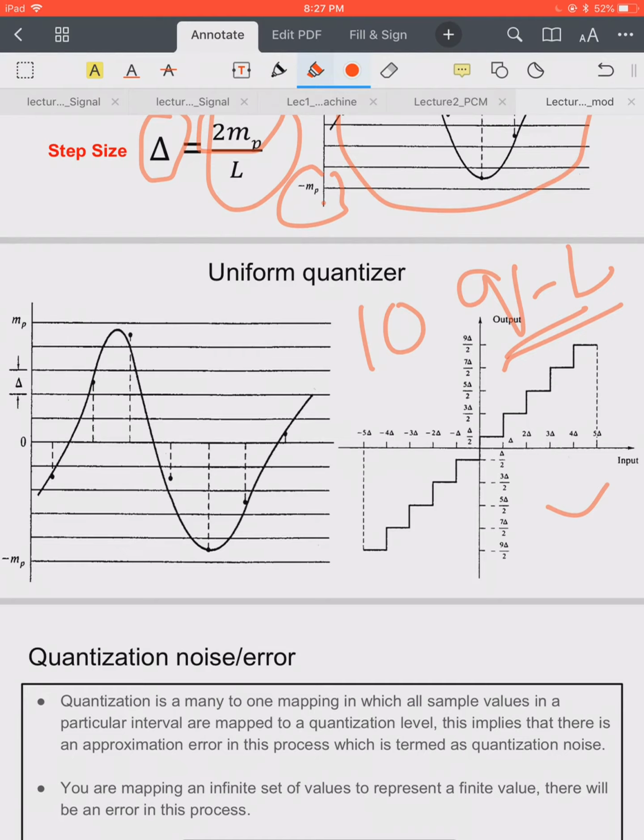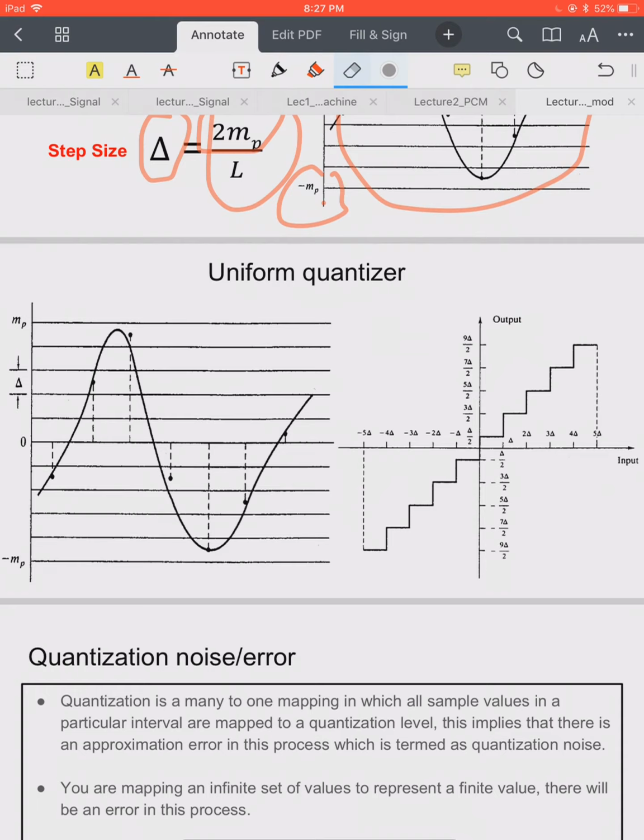You can see that the sample amplitude value is approximated by the midpoint of the interval in which it lies. If the sample value is between 0 and delta, it is quantized as delta by 2.